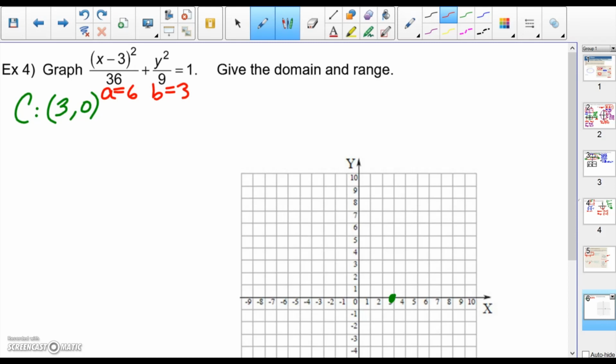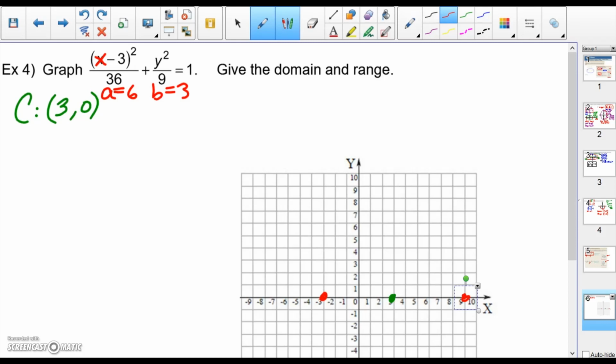So since that 6 is going with the x, that's giving you the x-axis as your major axis. So I'm going 6 in the x direction, 1, 2, 3, 4, 5, 6 in either direction. That's going to be my major axis. Notice 6 plus 6 is 12, so your major axis would be 12 units long.